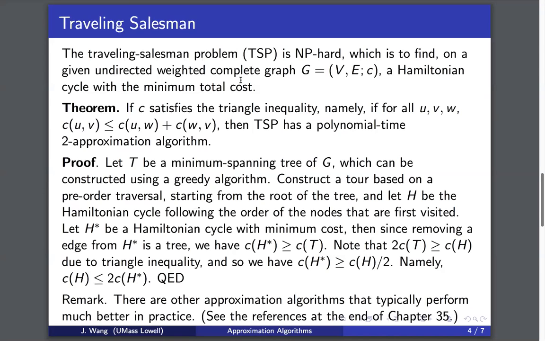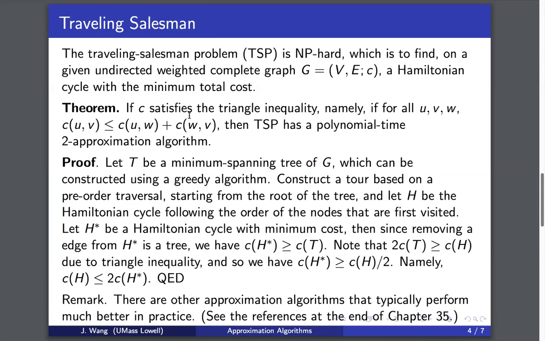Complete means that you have a connection between any pair of nodes, which means that a Hamiltonian circuit always exists. So our earlier construction of binary search will still work in this case. So what we're going to find is a Hamiltonian circuit or cycle. Cycle means that your nodes don't repeat, with the minimum total cost, or total weight.